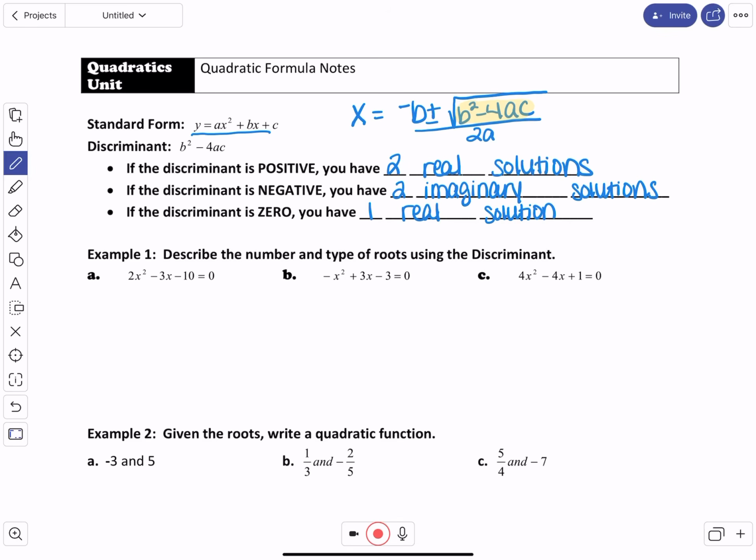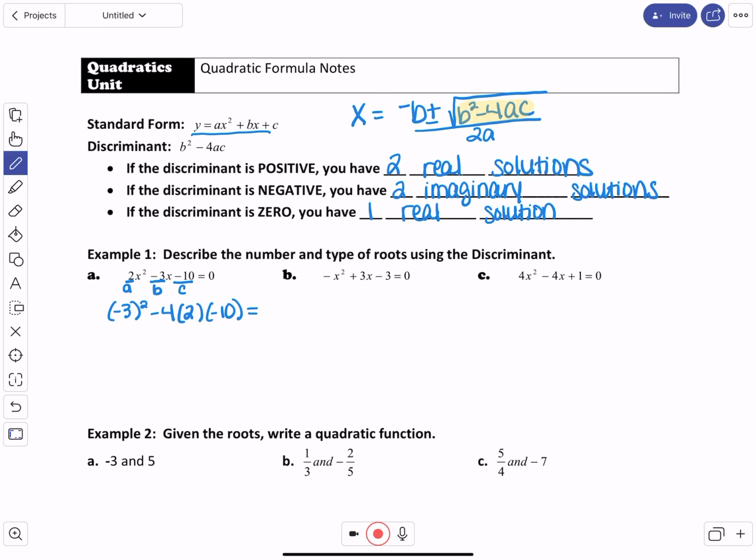So for our first one here, it is in standard form because everything is together on one side. So the number with x squared, this is your A. The number with x is B. The number by itself is C. And so all you do is plug that in to b squared minus 4ac. Remember to use parentheses. So we got negative 3 squared minus 4 times a, which is 2, times c, which is negative 10.